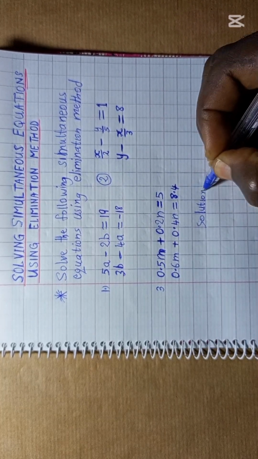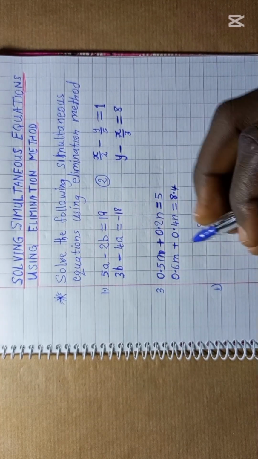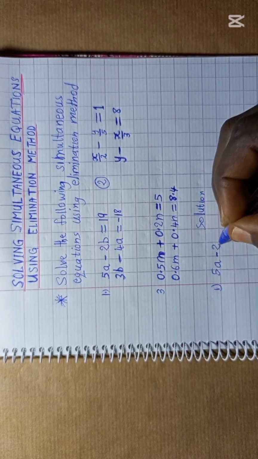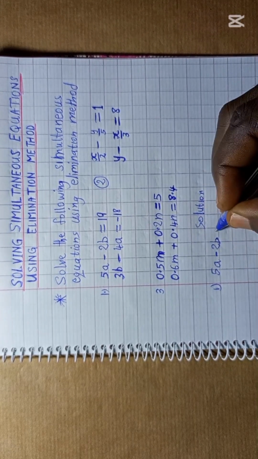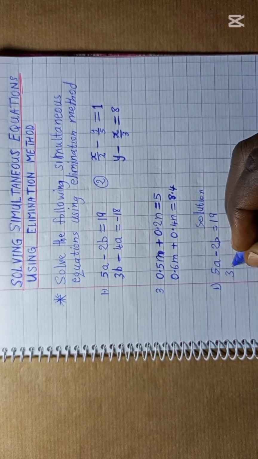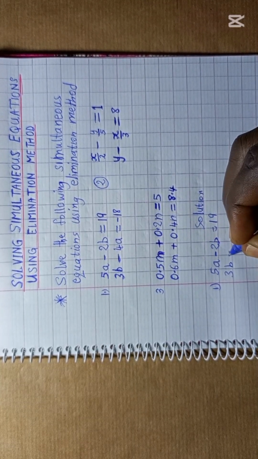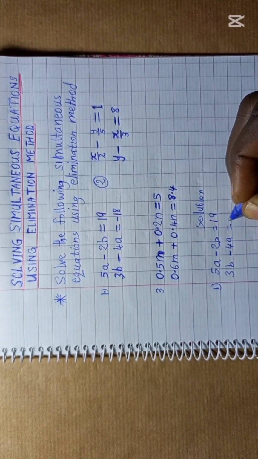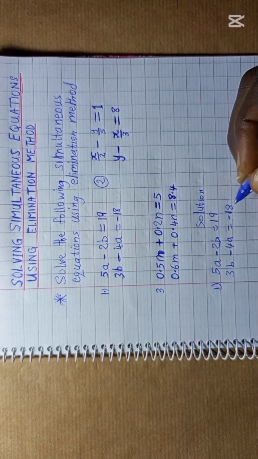Solution. In number 1, we have the equations 5a minus 2b is equal to 19, and 3b minus 4a is equal to minus 18.